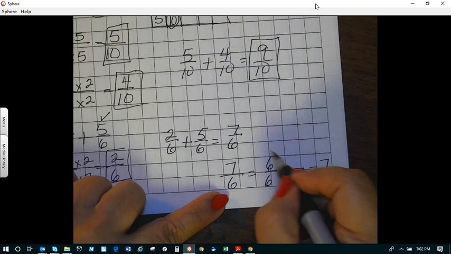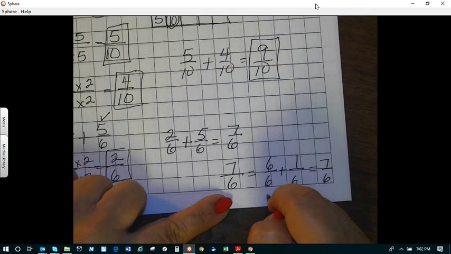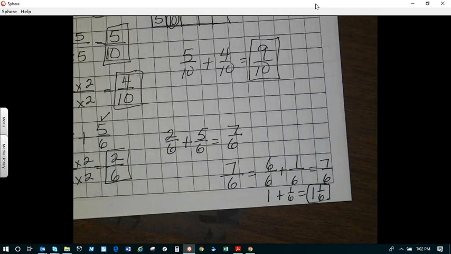Well, 6 plus what equals 7? 1. So now look at this. You have 1 whole plus 1/6 will equal 1 and 1/6, and that is your answer. So that is another strategy that you can use to solve your problem.